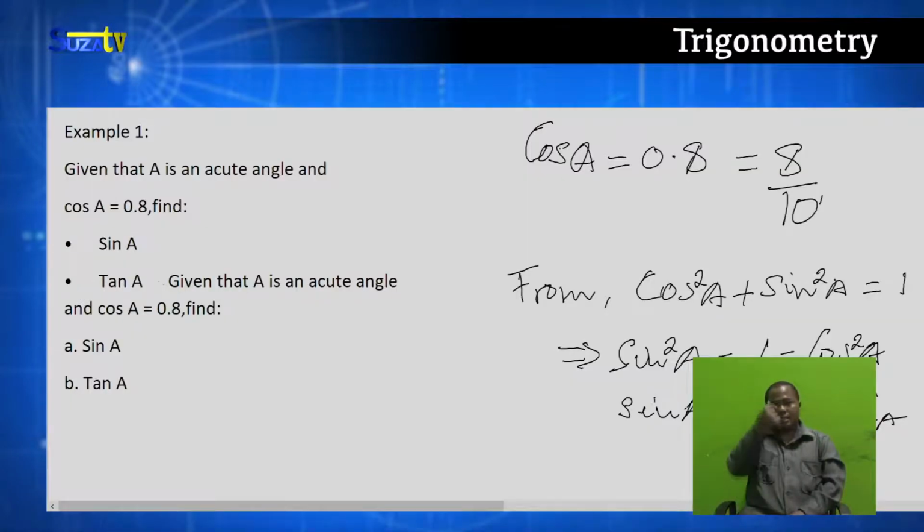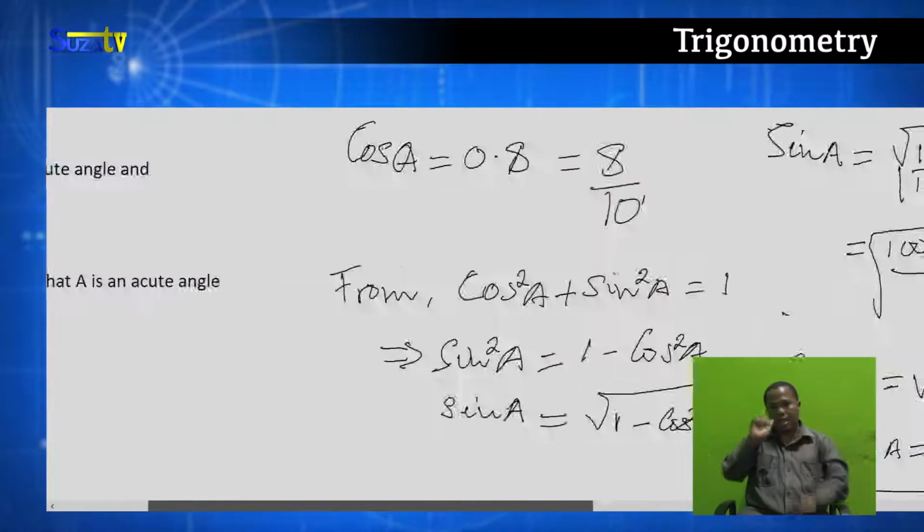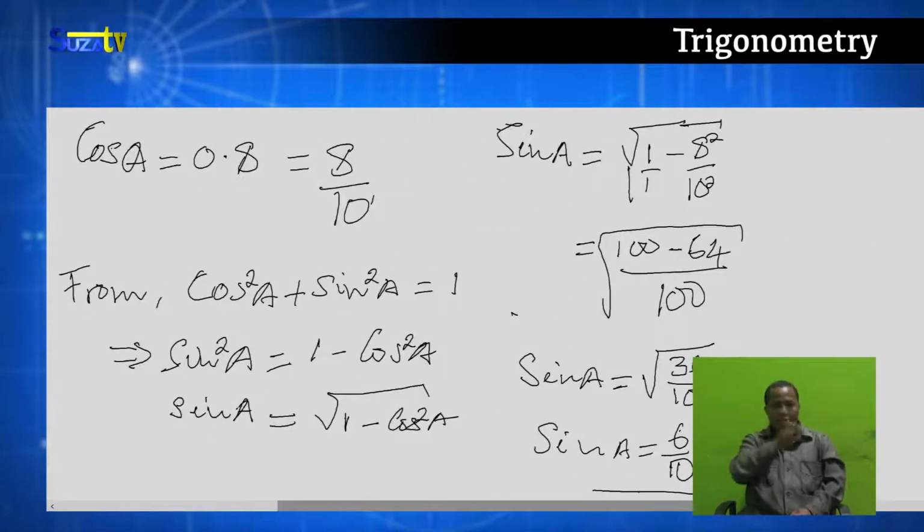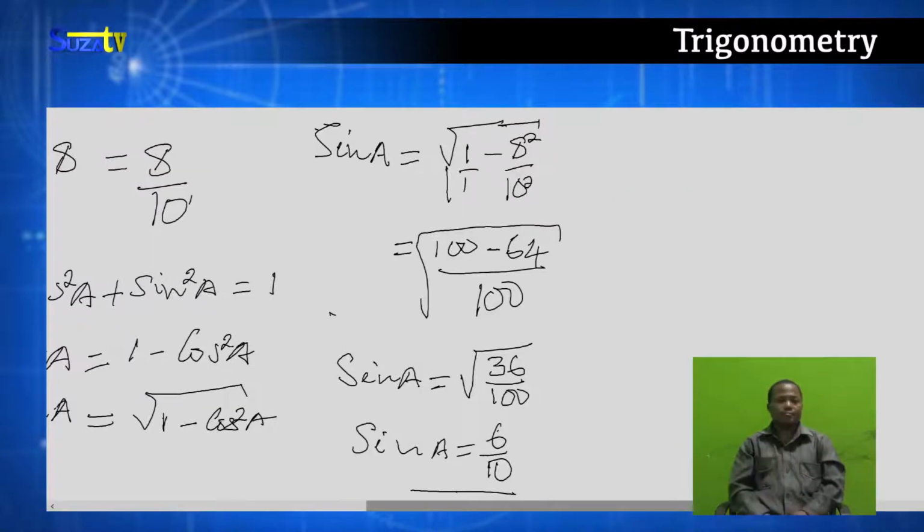Now we have another thing to work out here, which is tan of angle A. So we have sine, we have cos. Now we are supposed to work out tan of angle A. Okay, now good.